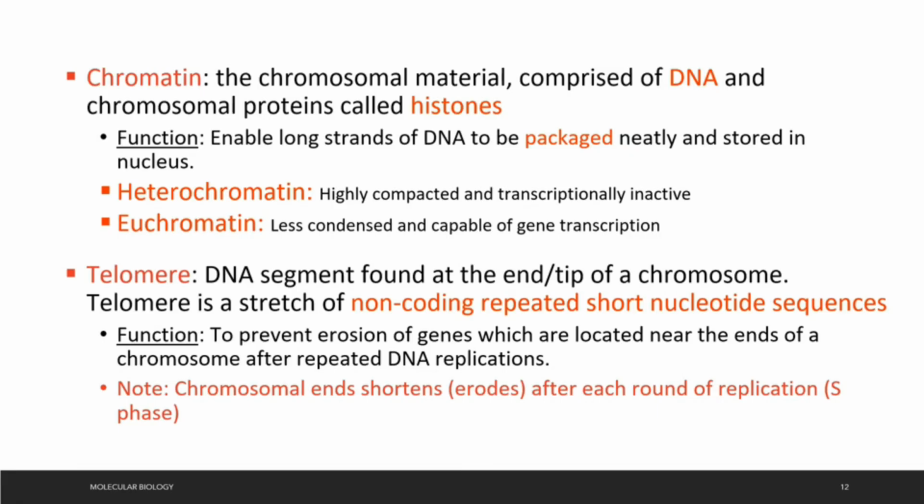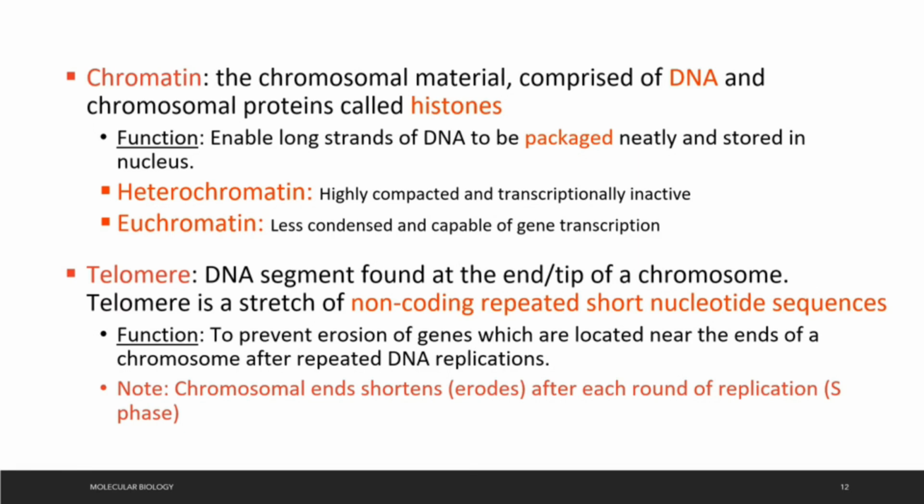Those highly compacted chromatin, which are darker colored, are called heterochromatin. They are darker colored when you stain the chromosomes, because they are more compacted.